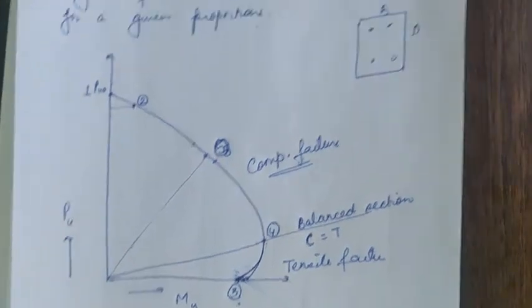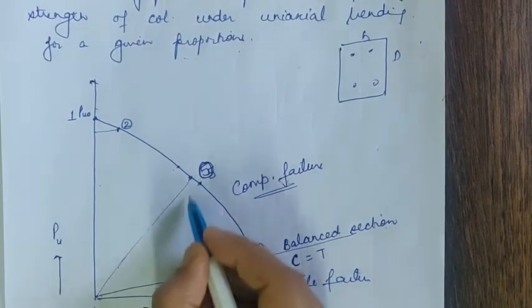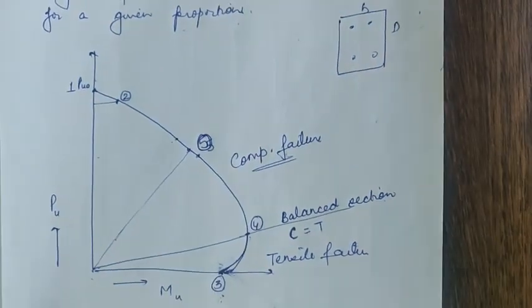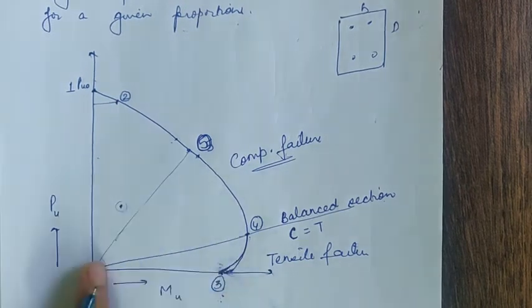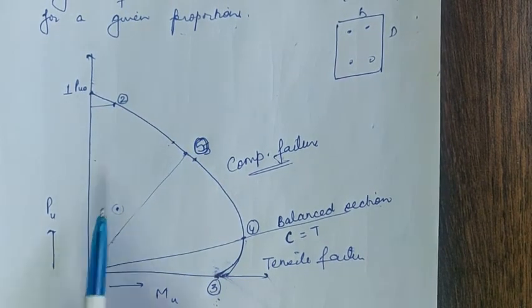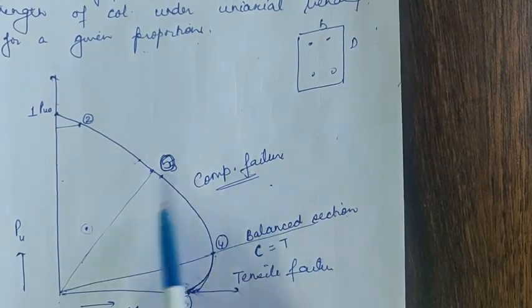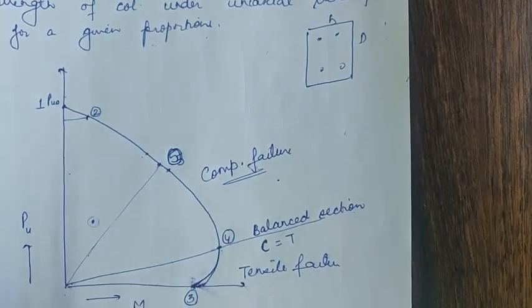So it means for a particular geometry, we know there is a combination of Pu and Mu, and if on that column a combination of P and M lies inside this particular envelope, we will call the column to be safe. If it lies outside this particular envelope, we will call that particular column to be not safe for that particular load. So this column interaction curve is very important. This forms the basis for the design.